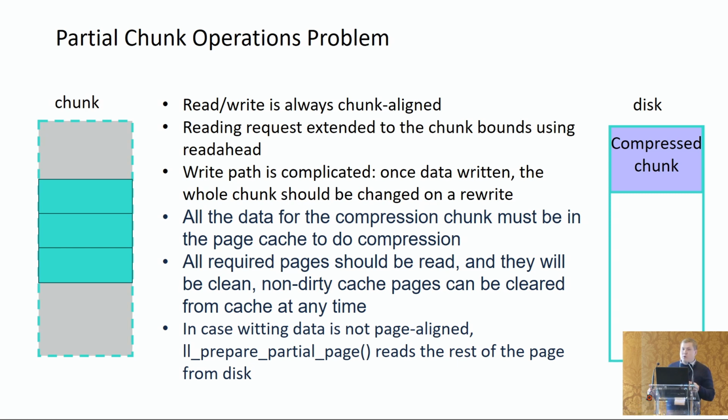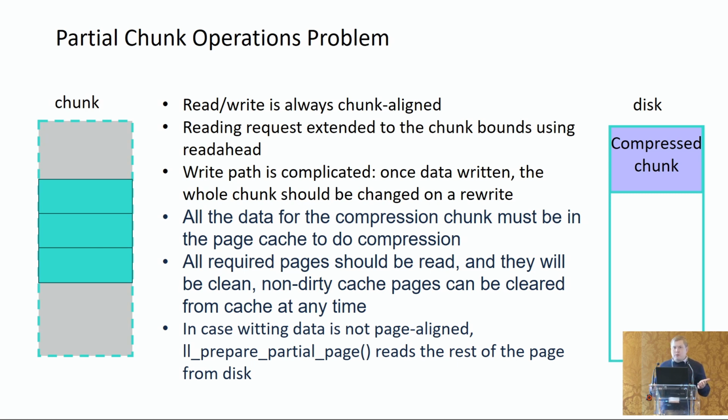But in case the data is already written, and we want to rewrite it partly, probably not from the start of the chunk or not till the end of the chunk, or even not from the start of a page till the end of the page, we need to invent something. We thought about how to do this on the client side.